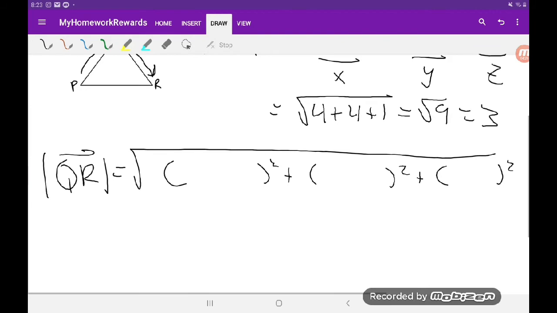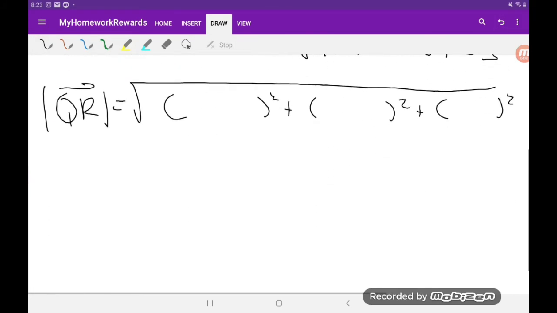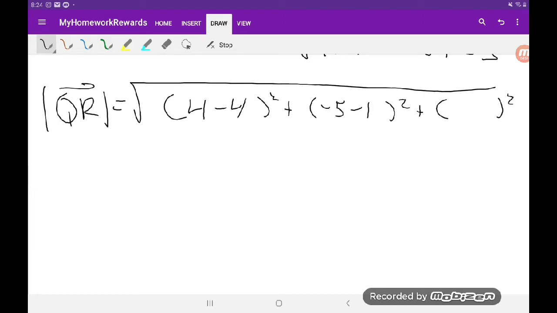So for this one, we're going to do r minus q. So for the x coordinate, 4 minus 4. For the y coordinate, minus 5, minus 1. And for the z coordinate, 4 minus 1. So let's write that all in. 4 minus 4 on the x coordinate, minus 5 minus 1 for the y coordinate, and 4 minus 1 on the z coordinate.